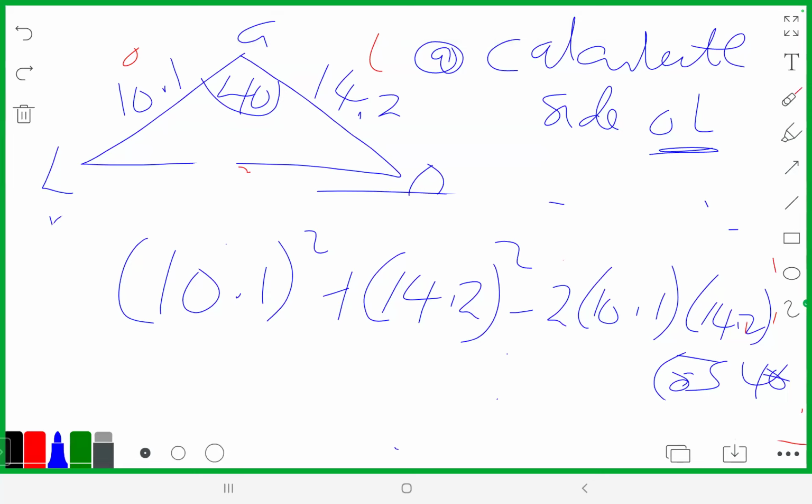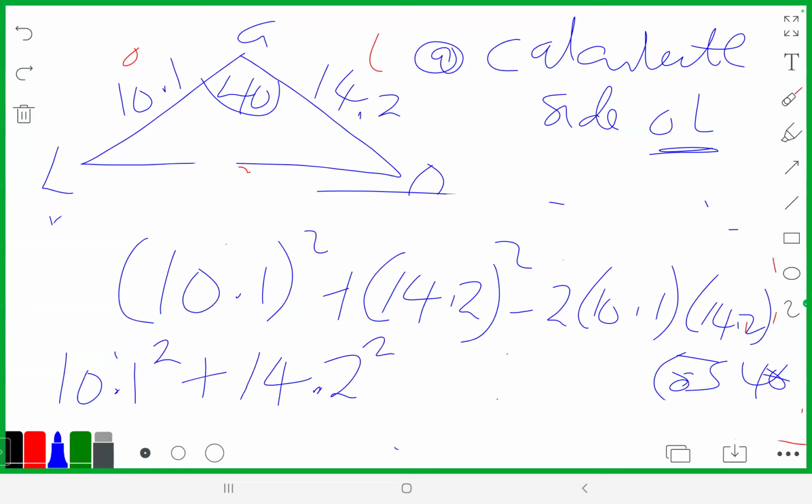I found 83.9. I am finding a different thing. How are you calculating it? Write 10.1 squared plus 14.2 squared. Are you square rooting or squaring? I'm squaring.